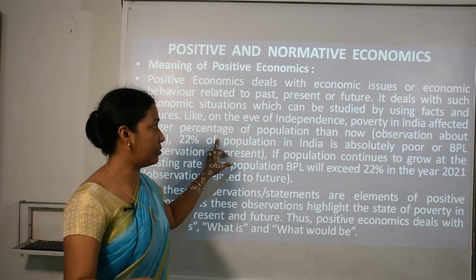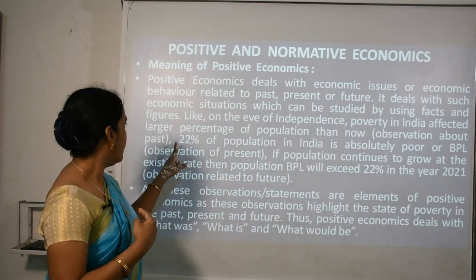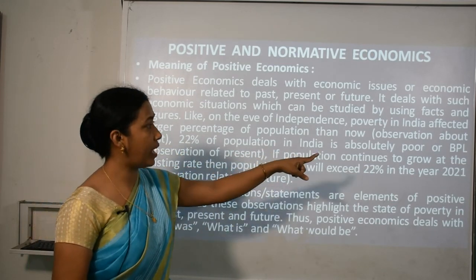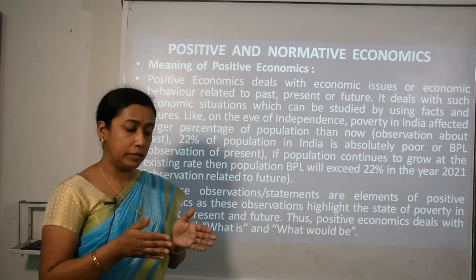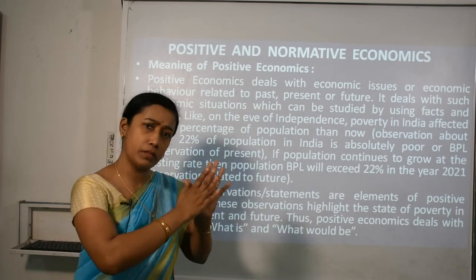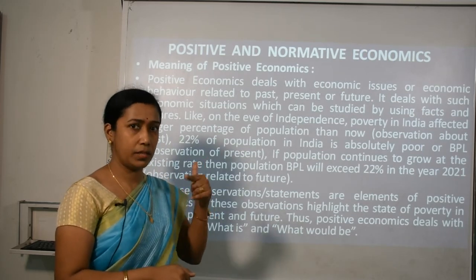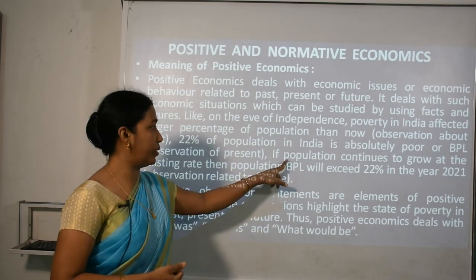That means in present time. Now this observation is something about the past, okay. Now present, 22% of population in India is absolutely poor or BPL, that is below poverty line. This is the observation which is made by certain economists in present time. Of course it's an observation only of the present.